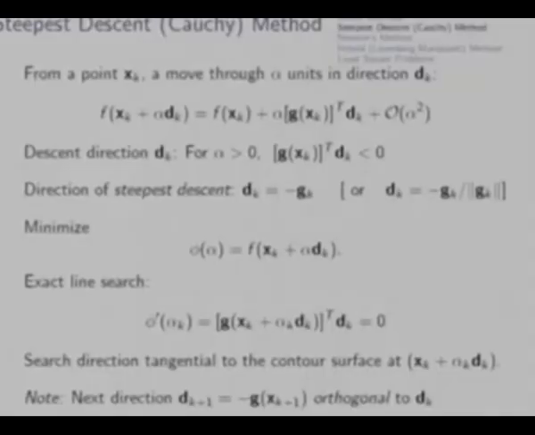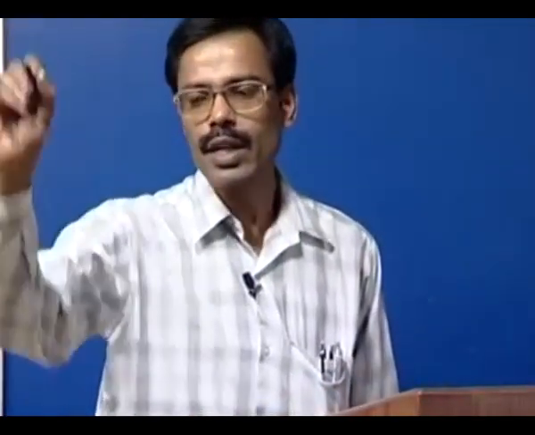So, for exact line search, we will terminate at that point where along that line the function, while reducing, stops reducing and then starts increasing again. That means we are looking for that point where the function stops changing along this direction.